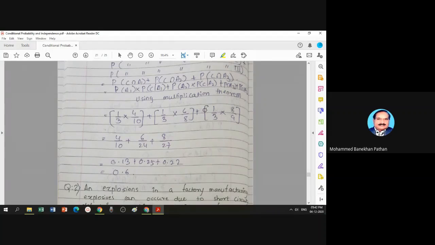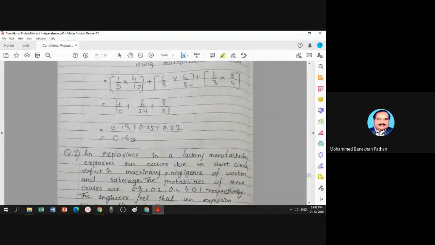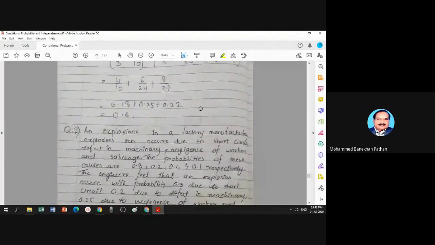Simplify this calculation, probability is 0.6. 60% chance to have a red ball, if you pick up randomly any one bag, and from that bag, if you pick up randomly any one ball. What is the chance to get red? Answer is 60% chance. So that is the application of Bayes theorem to solve individual probability.